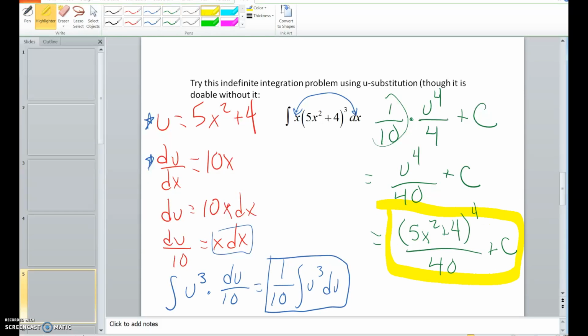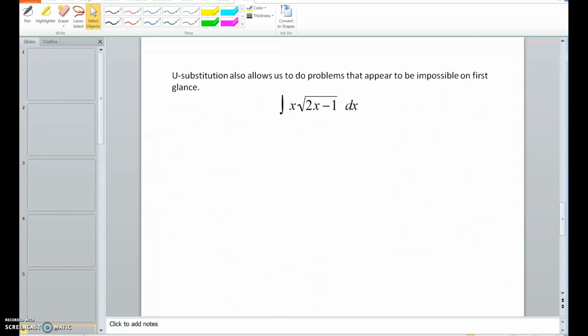Okay, moving on. As I said before, u substitution also allows us to do some problems that we can't do without u substitution. For the previous problems we've done so far, you can do u substitution, but you could also spot the pattern. Here, we are sort of up the creek without u substitution because the derivative of the inside of this function is just 2.